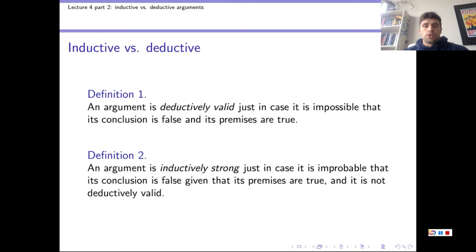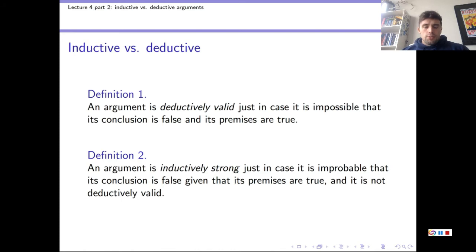Now, there are two crucial terms in these definitions that it's worth spending some more time talking about. The book talks about this too, but the corresponding terms used in the definitions are slightly different there. I'm not really sure why it's like that, so use the ones that I've given here if they come up in an exam.